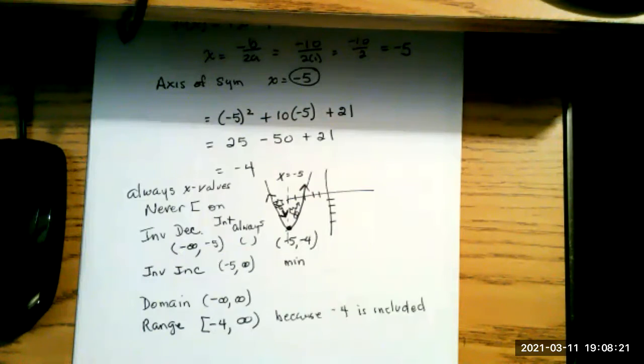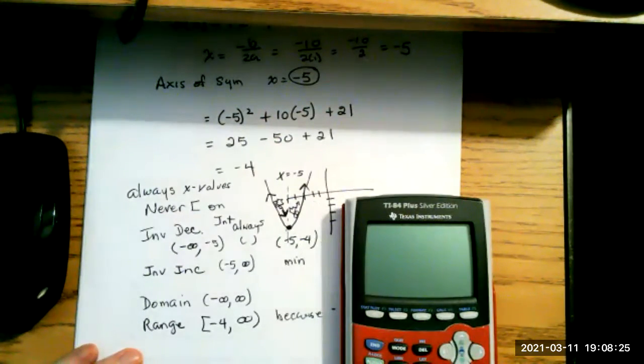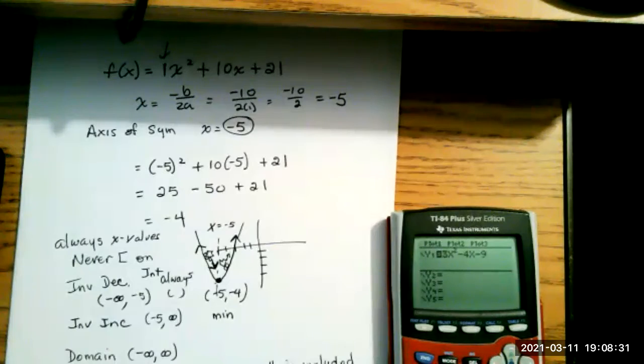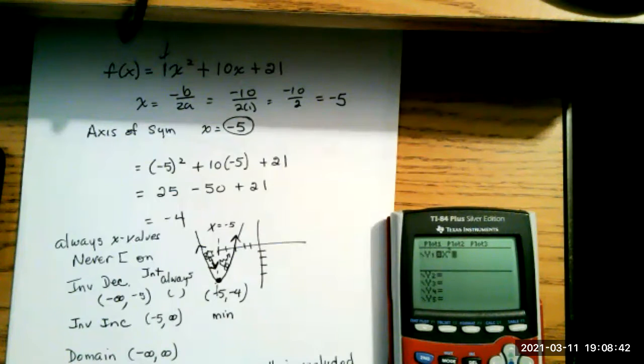Okay, let's see what it looks like on the calculator. To graph it, you're going to go y equals, and I think if I played with this earlier, if I leave it right there, it shows better. x squared plus 10x plus 21.